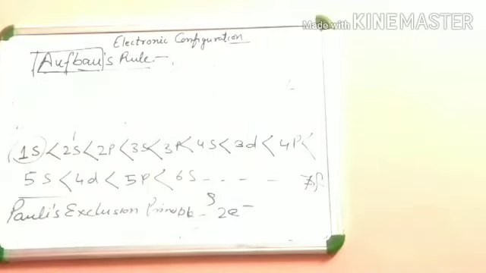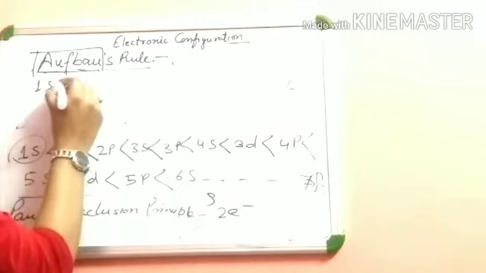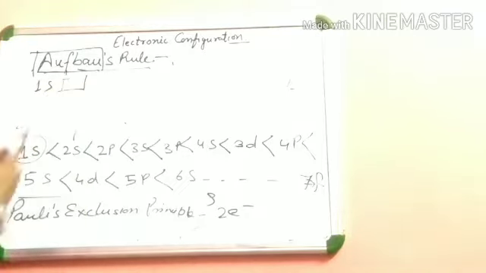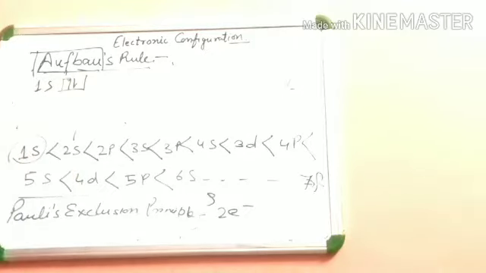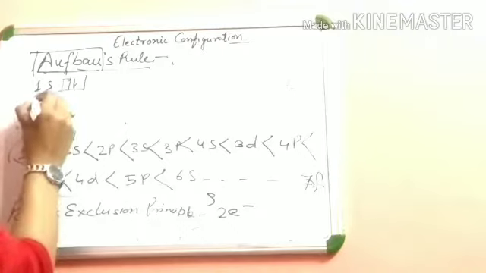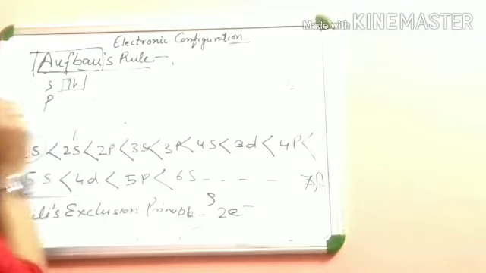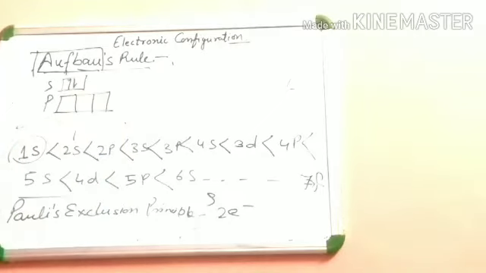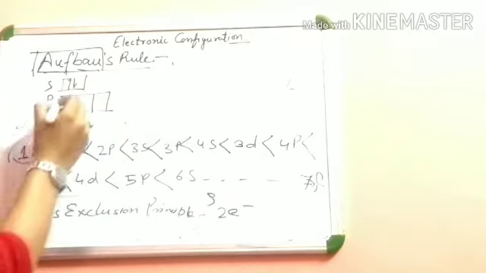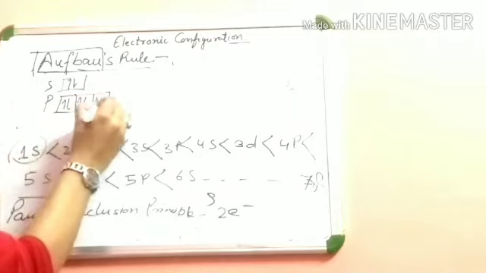Now in p there are 3 orbitals, so it can hold a maximum of 6 electrons.